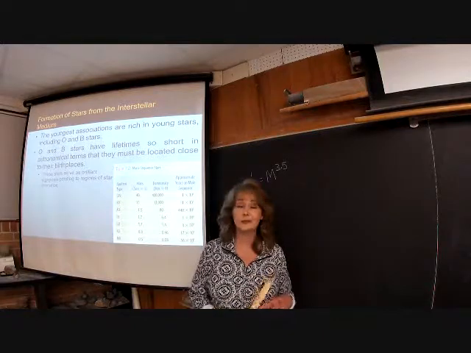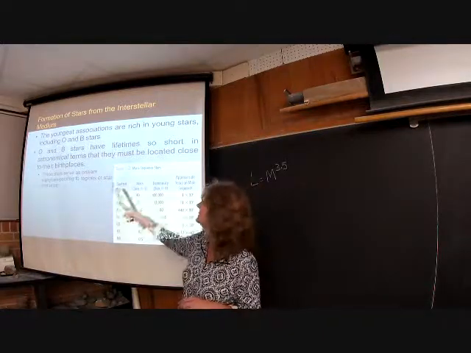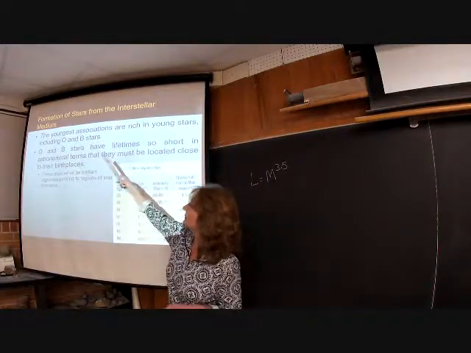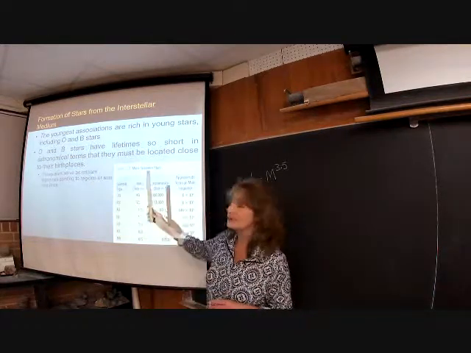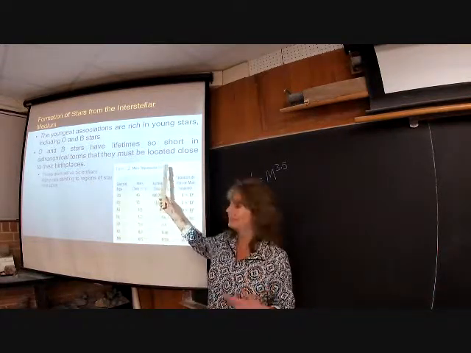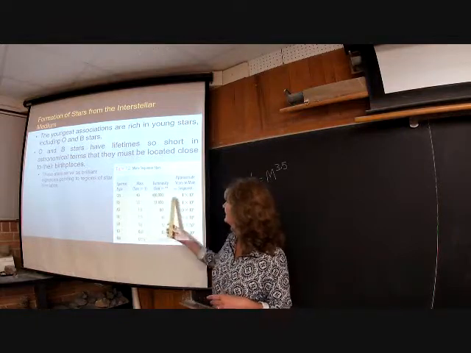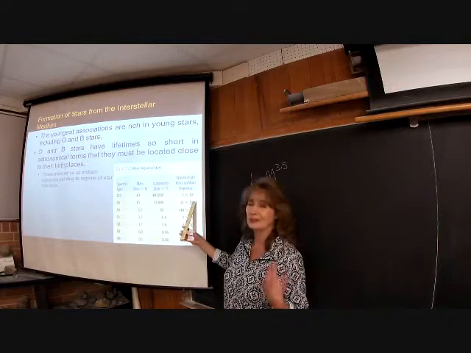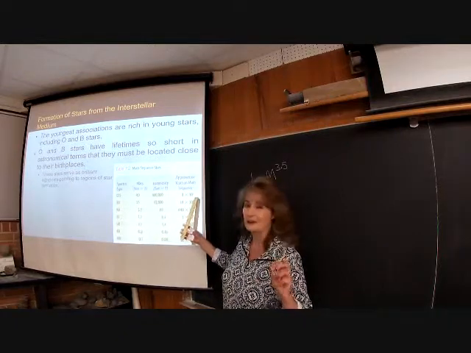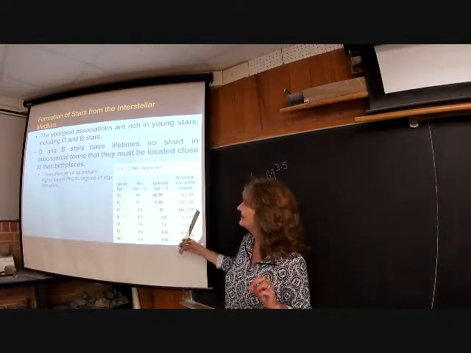But the youngest associations, of course, are rich in these young stars, including the O and the B stars. And those lifetimes are so short for an O and B star, if you remember that. A million years here, a B star, 11 million years. Astronomically speaking, that's short.